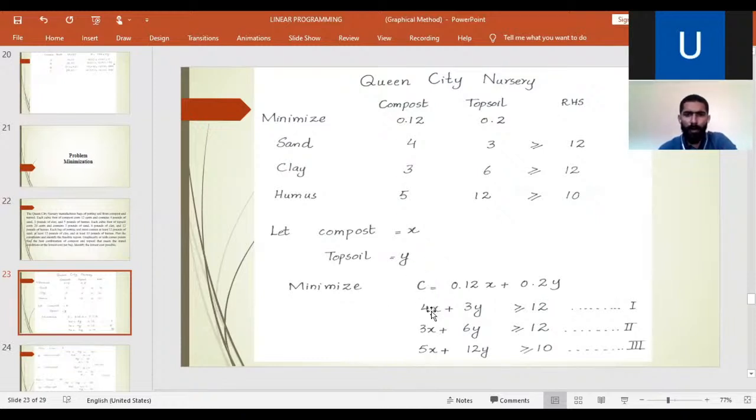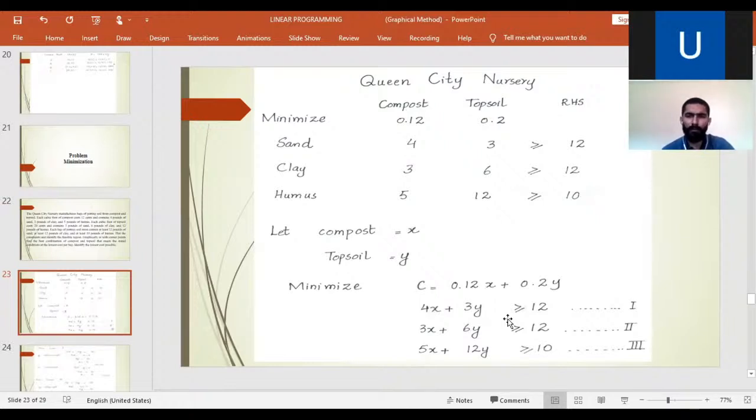Now 4x plus 3y is greater than or equal to 12. This is called equation 1. After that, we will solve equations 1, 2, and 3 in order to get the value of x and the value of y.